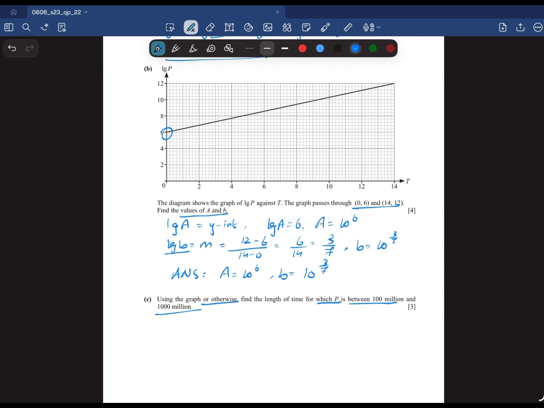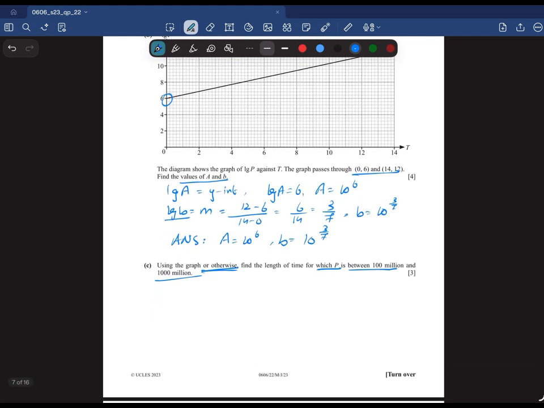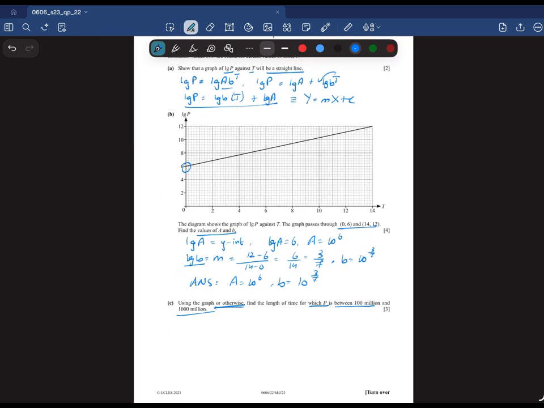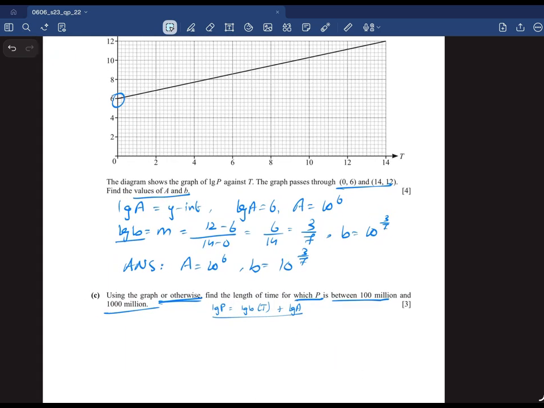What we can do is take it, or otherwise we should use our equation which we just found. Making t the subject from here, let me just copy it down. Need to make t the subject.